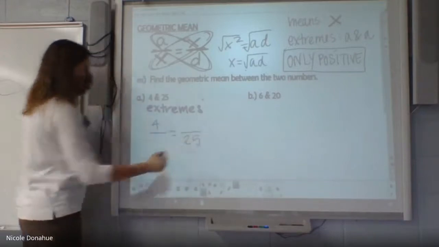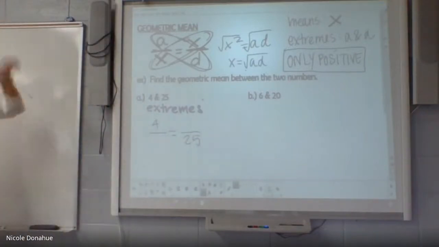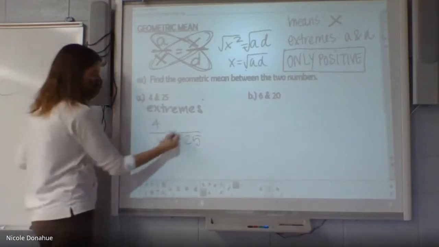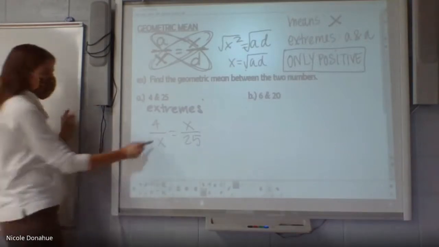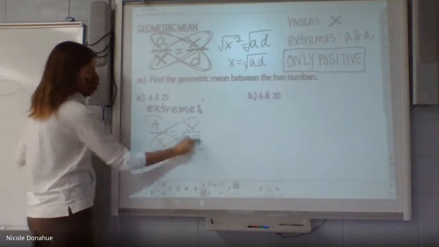And it doesn't matter if you go upper left, lower right, or vice versa. Then the geometric mean I'm going to call X. I'm going to write X and X across from each other. So in order to solve this, we're going to cross multiply, or apparently do the fish method.